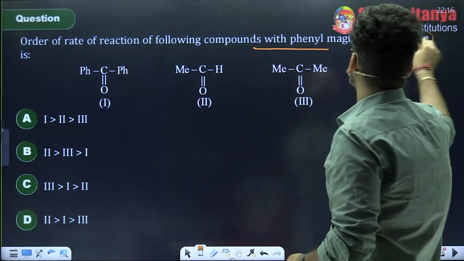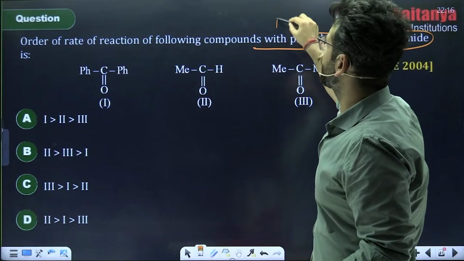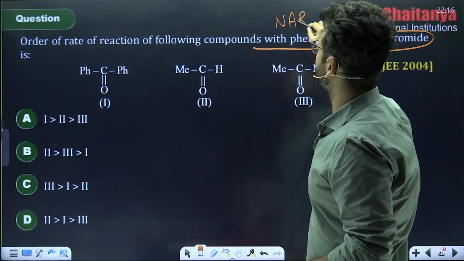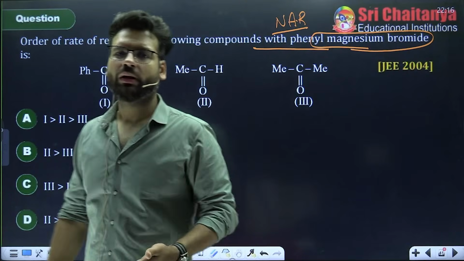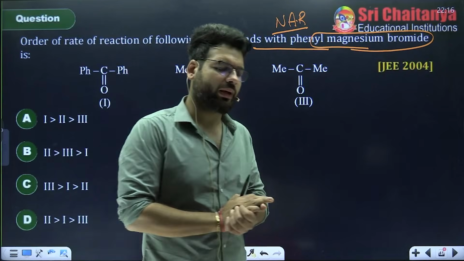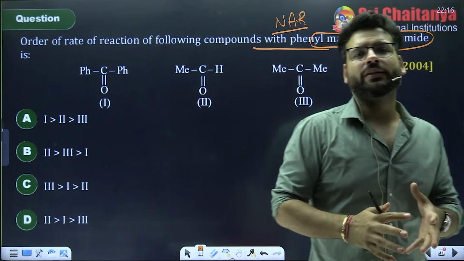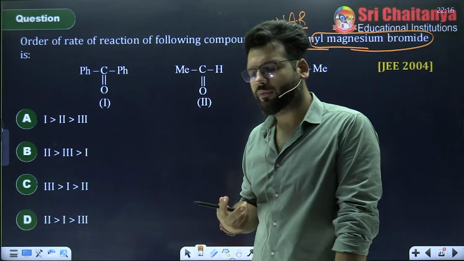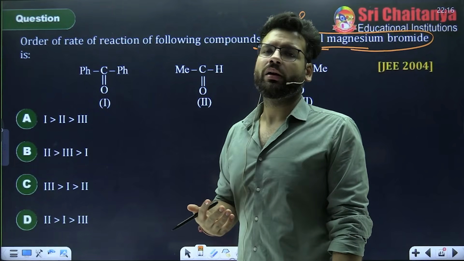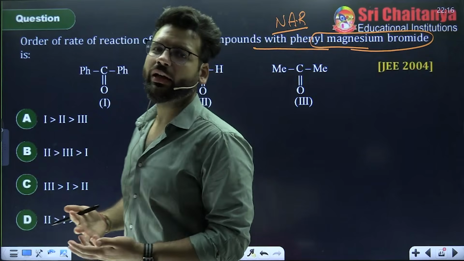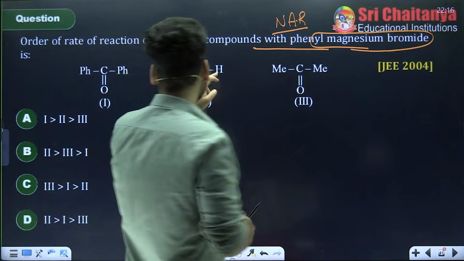With phenyl magnesium bromide, they're asking about the reaction, which is nucleophilic addition. This is from the aldehydes and ketones chapter when you study this reaction as a mechanism. Aldehydes are more reactive due to two reasons, one is electronic, one is steric. Aldehydes have less steric hindrance for the attack of the nucleophile. So I can see here this is an aldehyde.